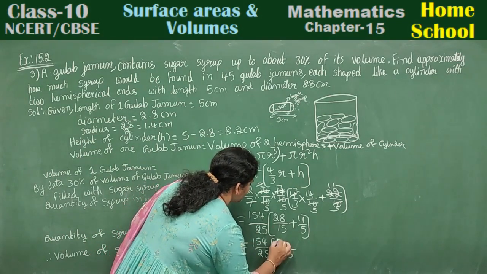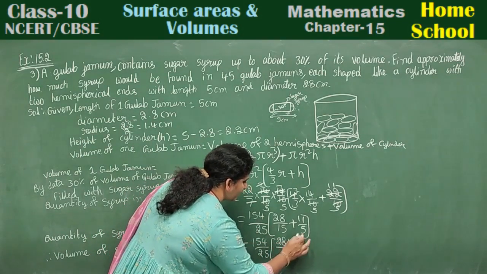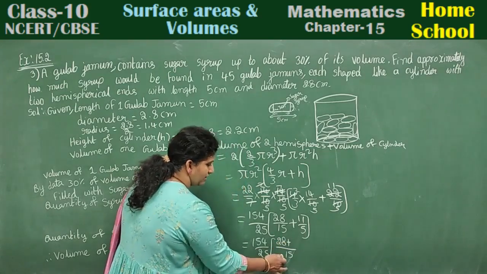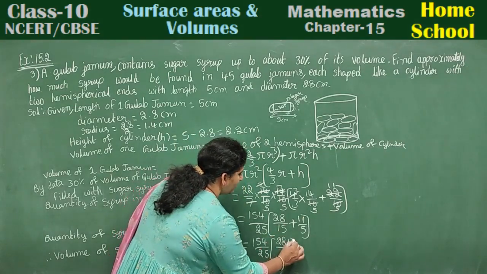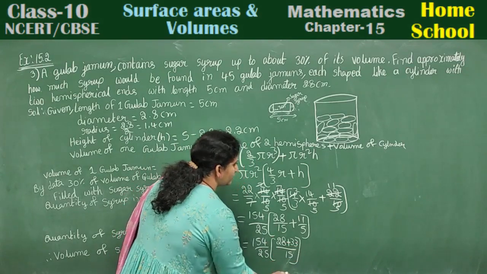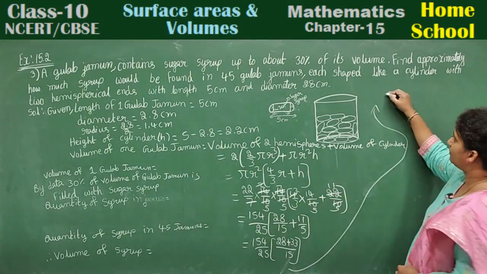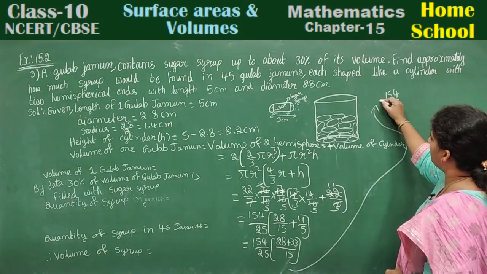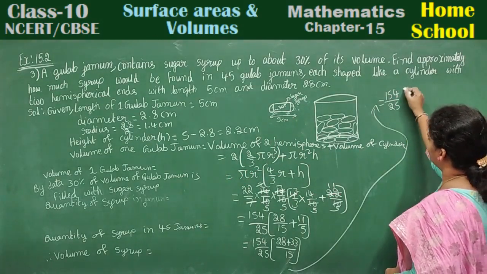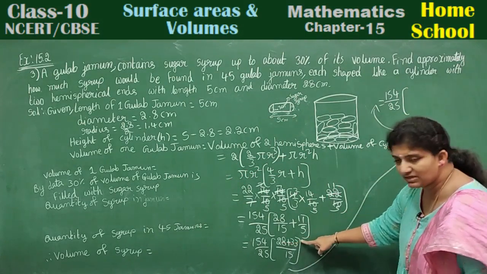That will be 28 plus, 5 3s are 15, 5 3s are 3 multiply for 11, 11 3s are 33. Carry. 154 by 25 into 28 plus 33.